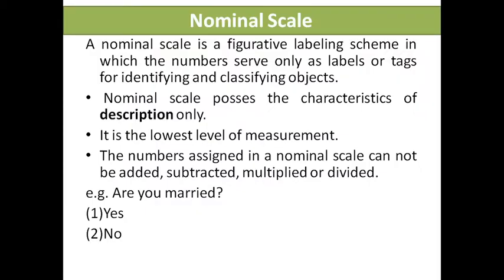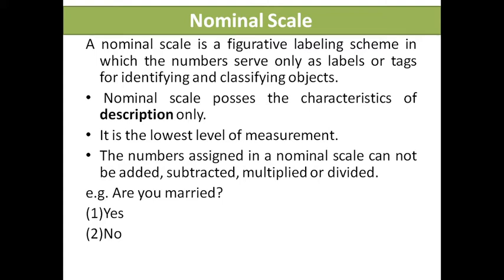Now what is a nominal scale? A nominal scale is a figurative labeling scheme in which the numbers serve only as labels or tags for identifying and classifying objects. Nominal scale possesses the characteristics of description only. It is the lowest level of measurement.